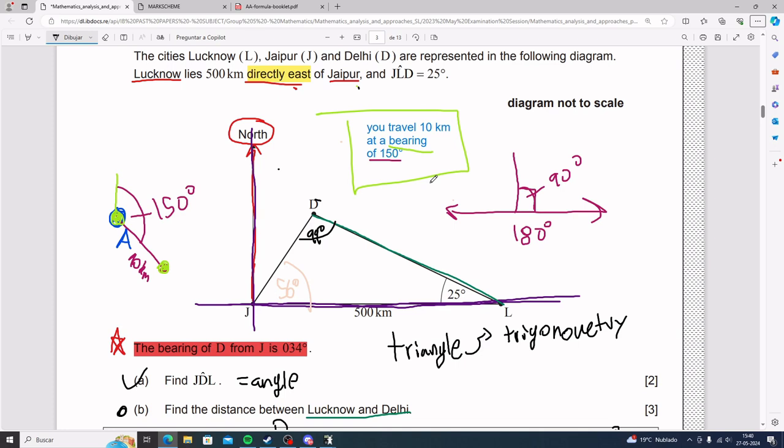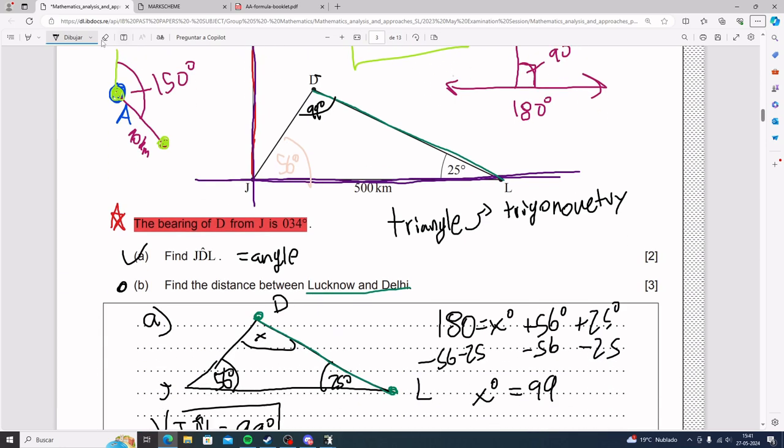So the moment you realize you're facing a trigonometry problem, specifically of a triangle, and you need to find a missing side or a missing angle, the approach I need you to employ is first going to be try the sine rule, and then try the cosine rule. And if you can't use either of these, then you probably need more information, finding it somehow. Find the missing side, and then try the sine rule, and then try the cosine rule.